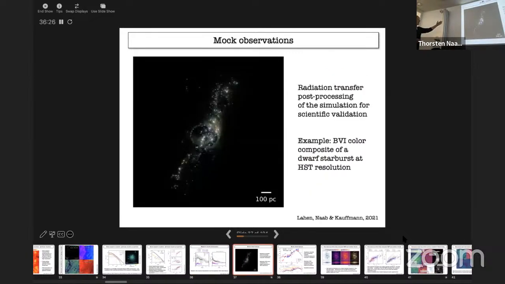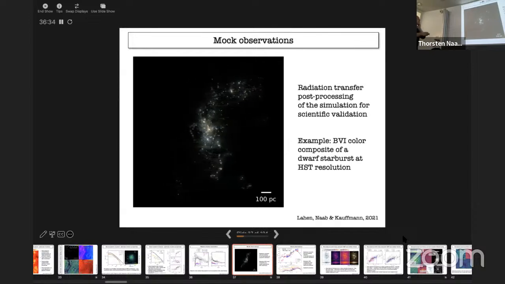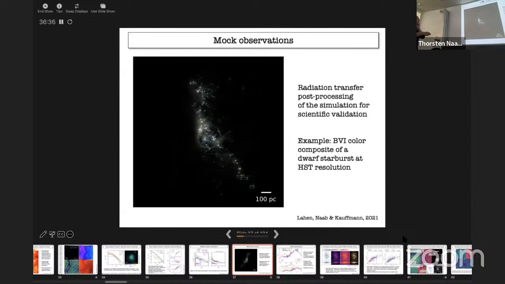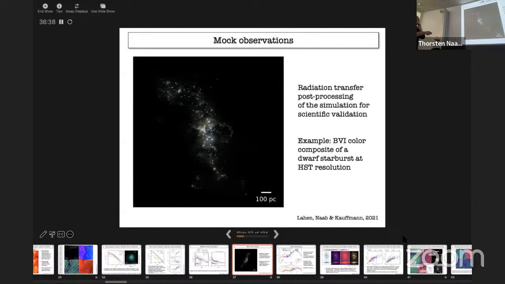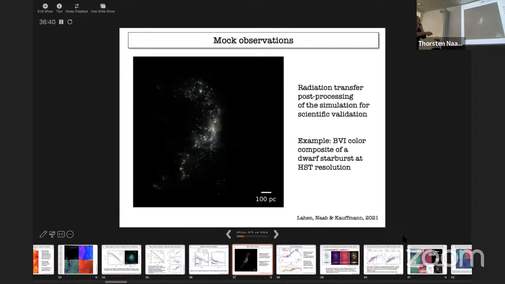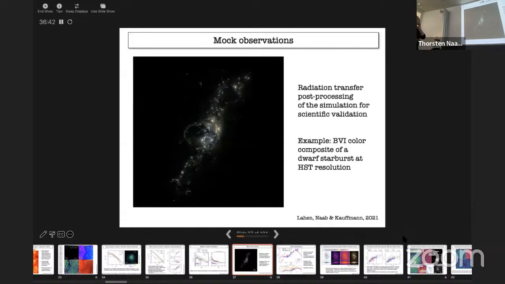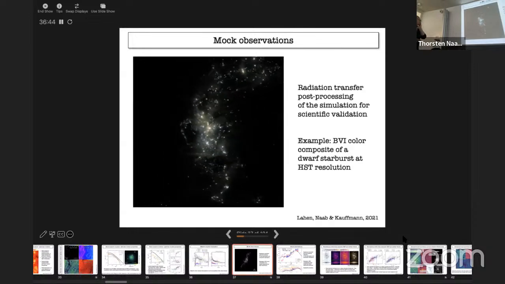Now, for this starburst, Natalia has done a post-processing with SKIRT, which is very nice and beautiful. You see all these star clusters, dust. You see this shell here. It's a low metallicity system, so there's not a lot of dust.